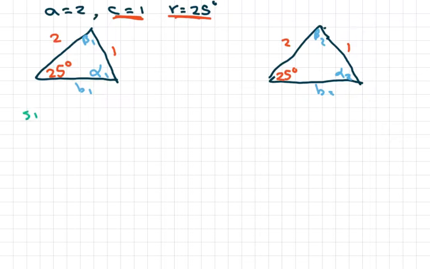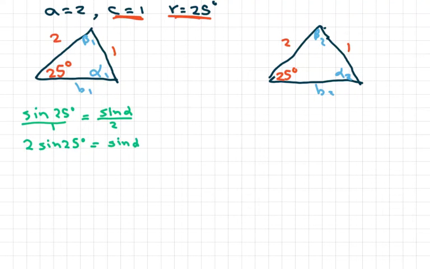We're going to do sine of 25 over 1 equals sine of alpha, which is alpha 1, over 2. You cross multiply, and you get 2 sine of 25 equals your sine of alpha, which is approximately 0.8452.